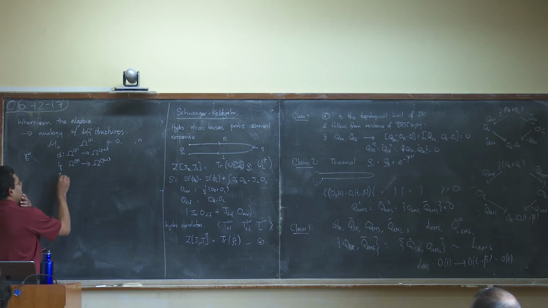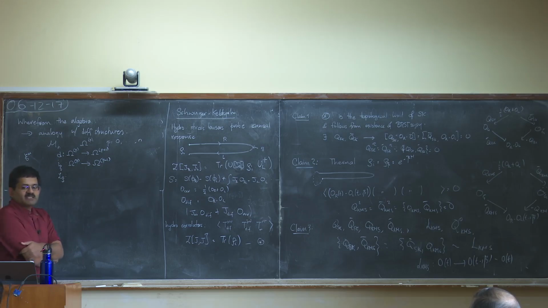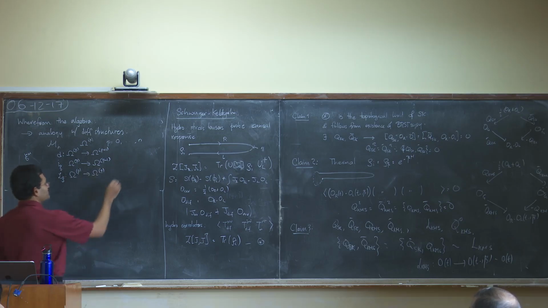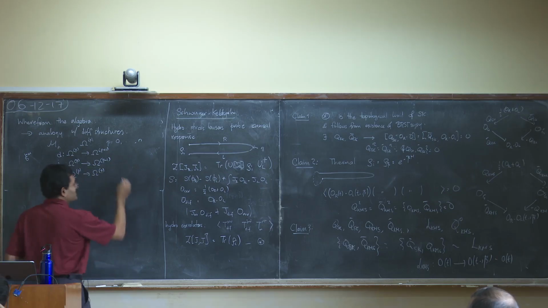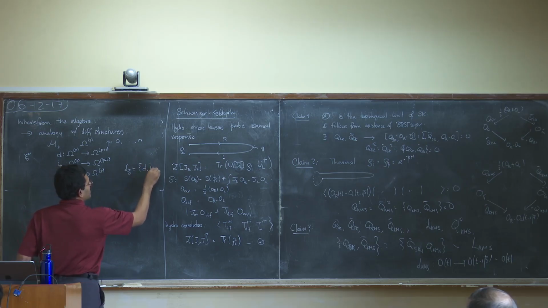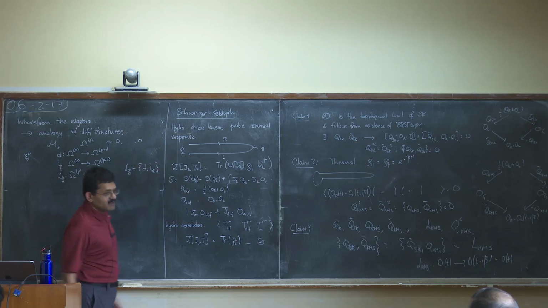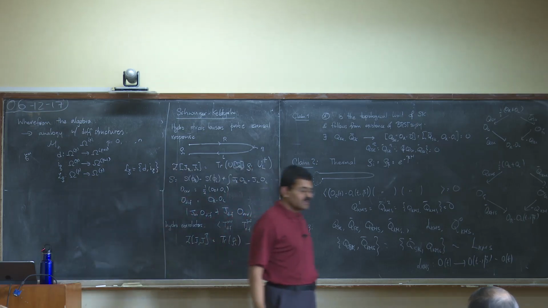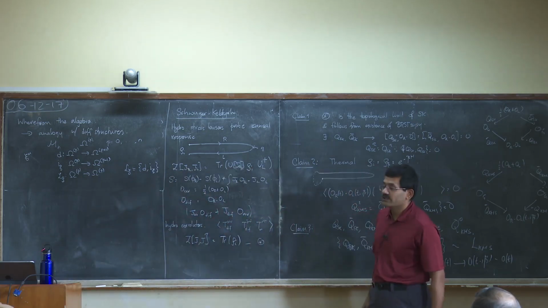Once you have these two operations, you can define a third one, the Lie derivative along the vector, which keeps the form rank invariant. The Lie derivative along the vector is the anti-commutator of the derivative with the interior contraction.